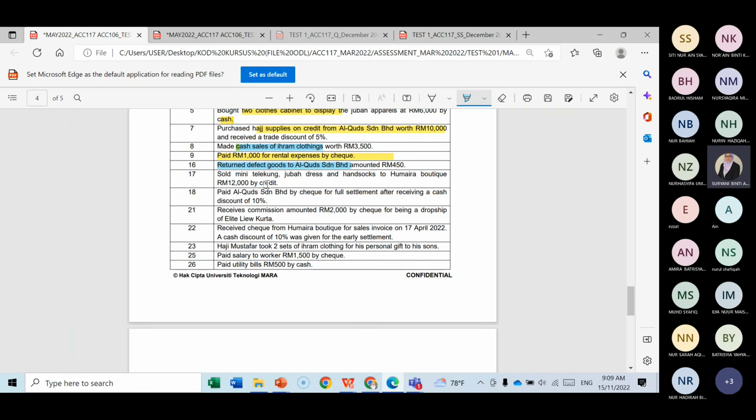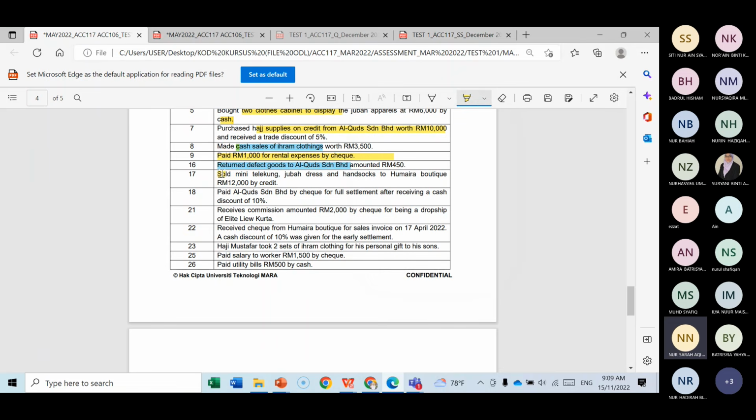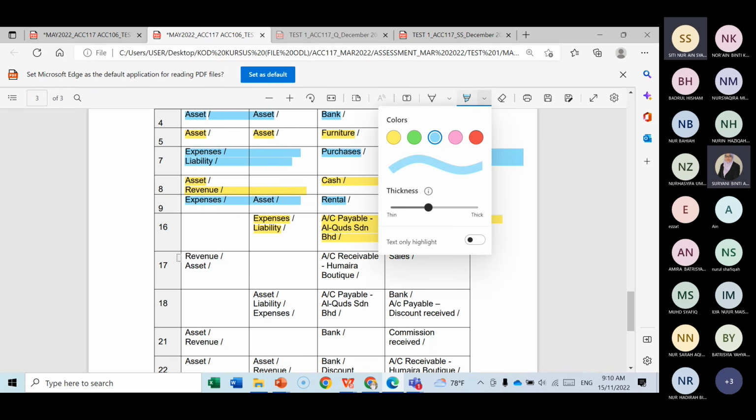Next, on 17th of April, you sold mini telekung, jubah dress, and hand socks to Humaira Boutique by credit. You made a sales, class. So you have increase in revenue. Okay, but you sold to Humaira Boutique on credit, so you will have an asset at the same time. So there will be increase in revenue and increase in asset.